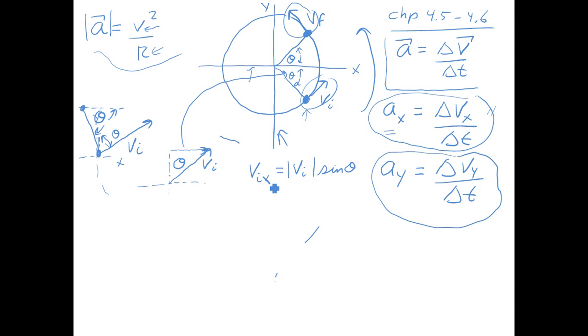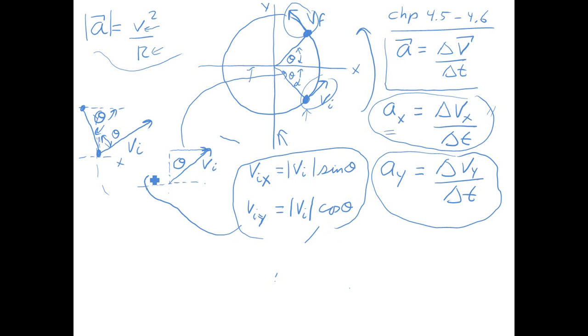And V initial y is equal to the magnitude of the velocity vector times cosine of that angle. Those are the two components. And again, this one is right here, and this one is that component there.